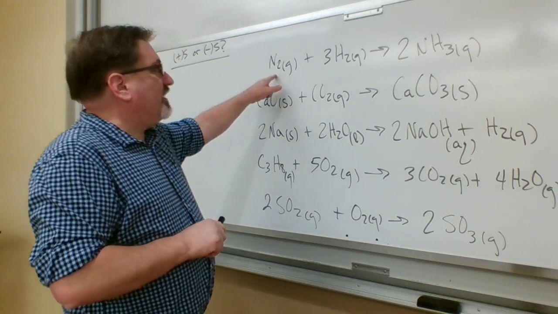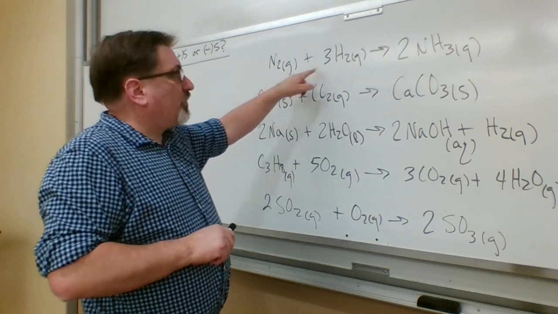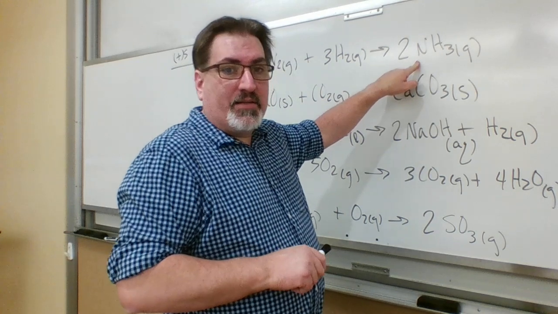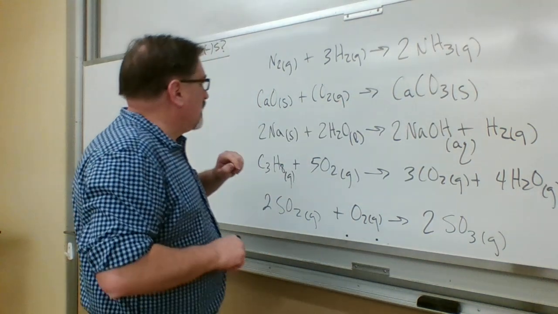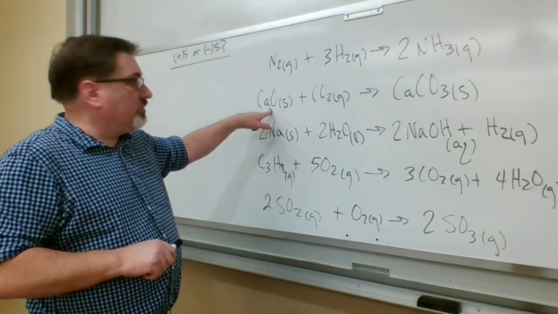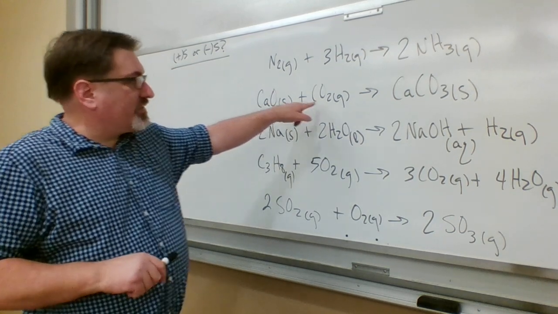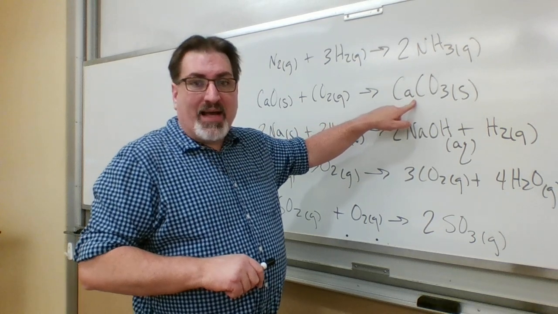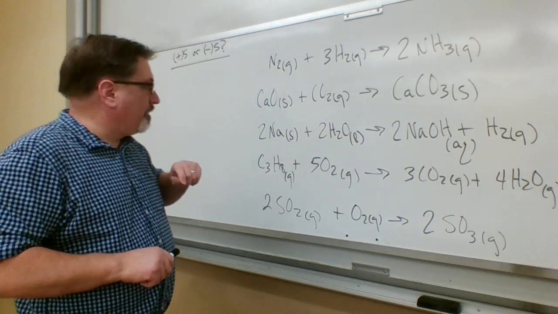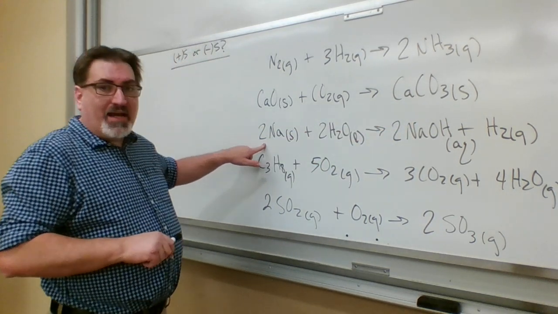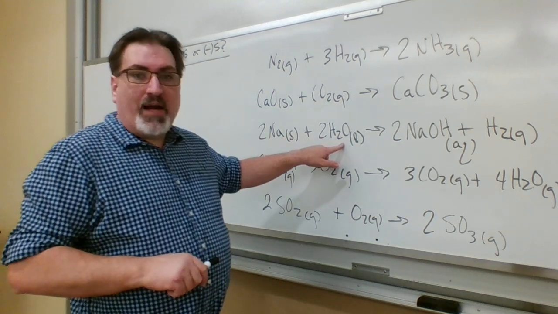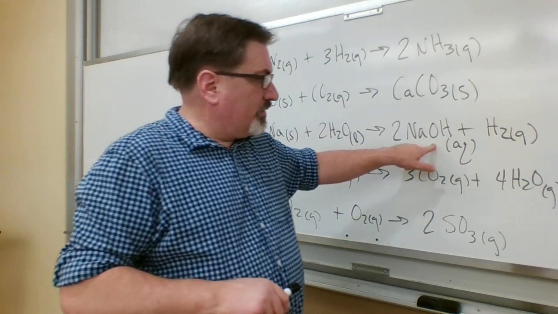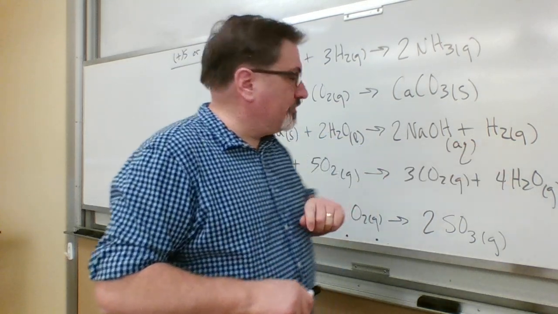The first one is N2 as a gas plus 3 H2s as a gas makes 2 NH3s as a gas. Second one, CaO as a solid plus CO2 as a gas makes CaCO3 as a solid. Third one, 2Na as a solid plus 2 H2Os as a liquid makes 2 NaOHs aqueous plus H2 as a gas.